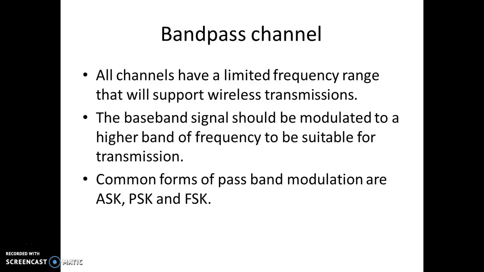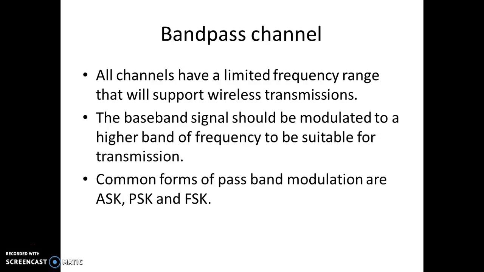We are not able to practically transmit baseband or low frequency data over higher distances, and also we want to modulate the baseband data, the low frequency data, so that it shifts its position to a higher frequency band.